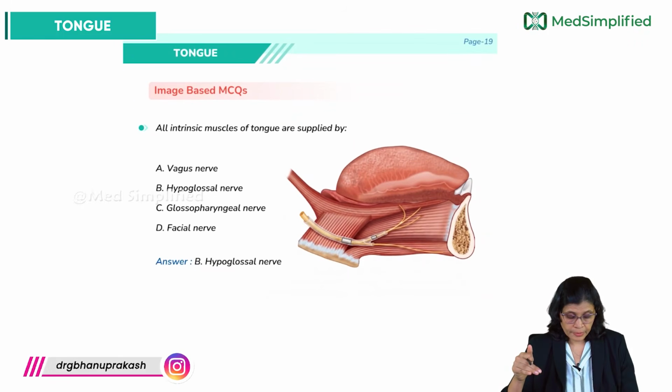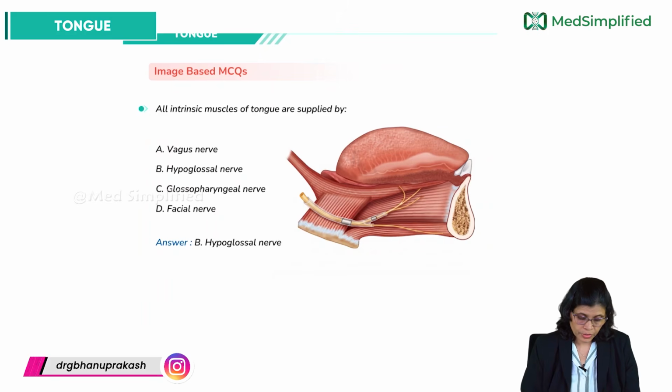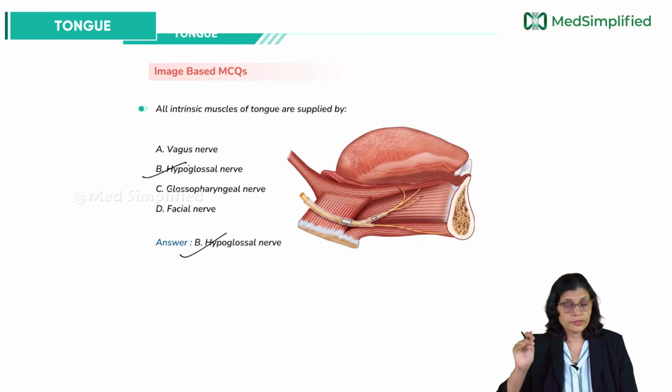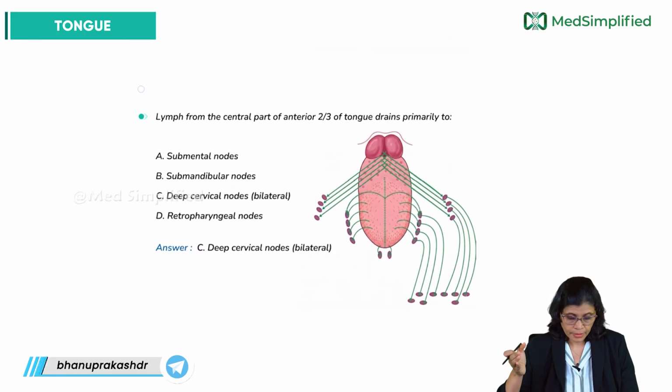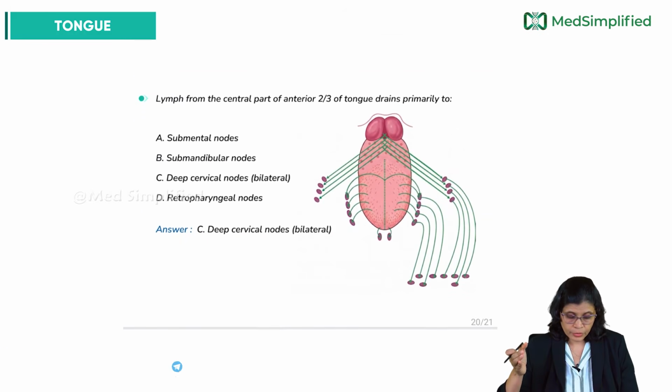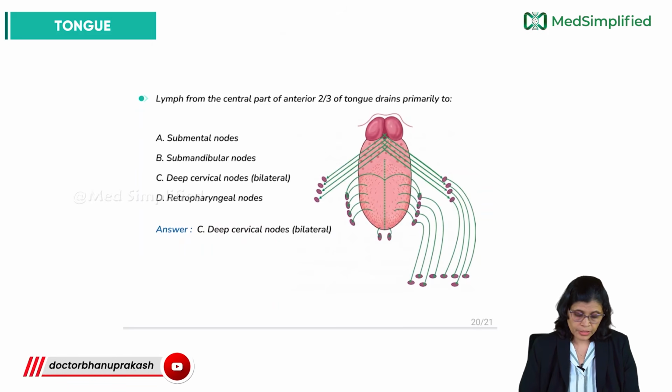Then all intrinsic muscles of the tongue are supplied by the hypoglossal nerve. Yes. Here see, the question is all intrinsic muscles. All extrinsic muscles are supplied by hypoglossal except for palatoglossus, which is supplied by the cranial part of the accessory nerve. Lymph from the central part of the anterior 2/3 of the tongue drains primarily to the deep cervical group of lymph nodes.